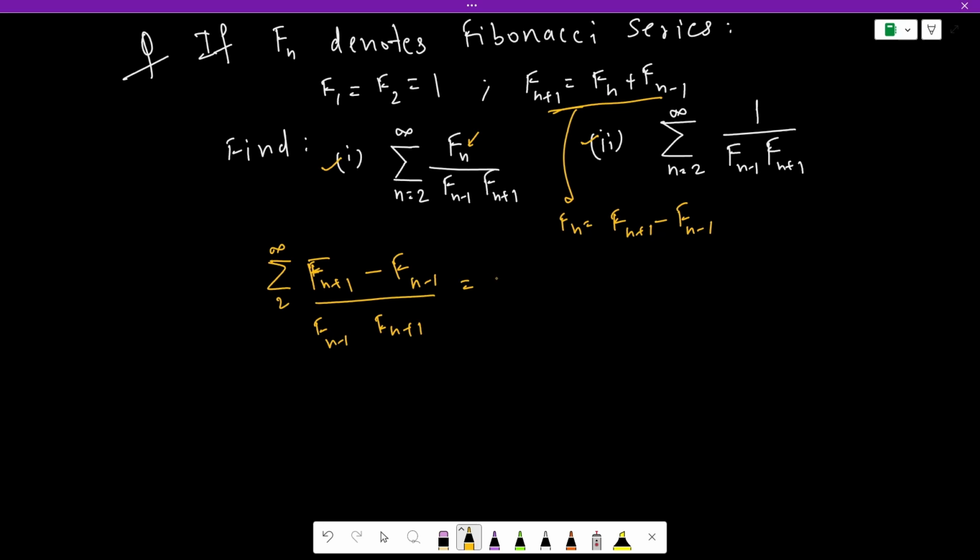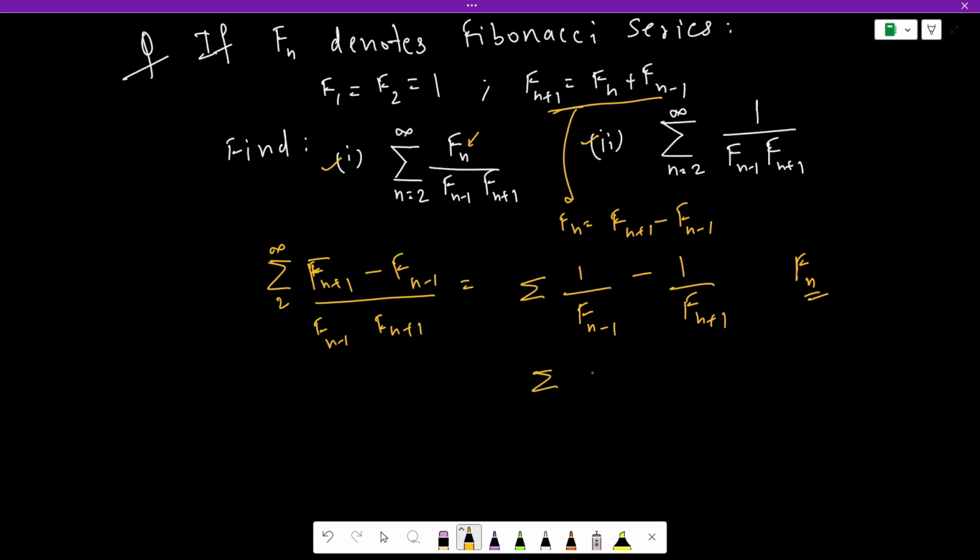Now let's just break it. So this will be summation 1 divided by F of n minus 1 minus 1 by Fn plus 1. Now these are not consecutive, so what is missing is F of n in between both of them. So we can add and subtract this.